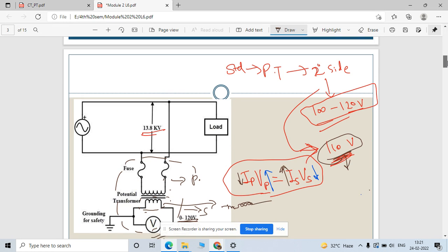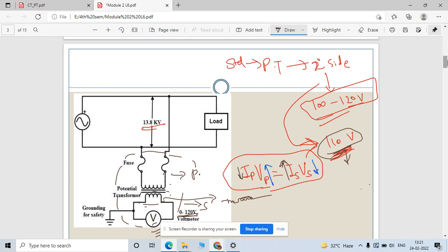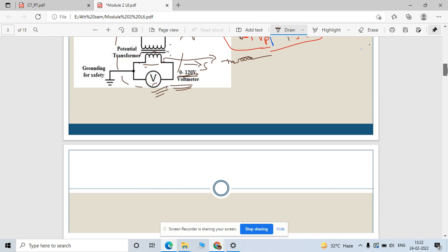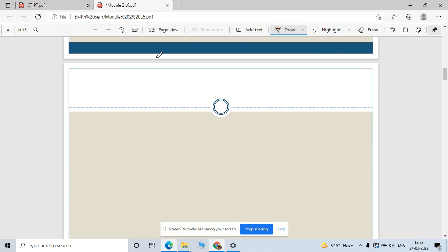Okay. Now, so this is one thing for this potential transformer. Now basically you can write down these points. Potential transformer primary is connected in parallel with the load.